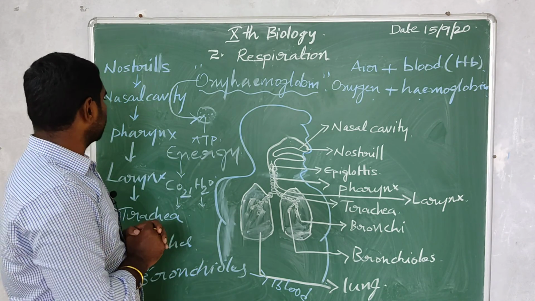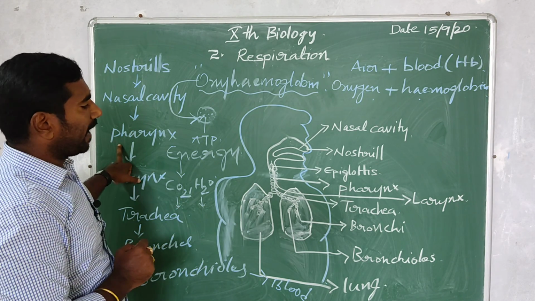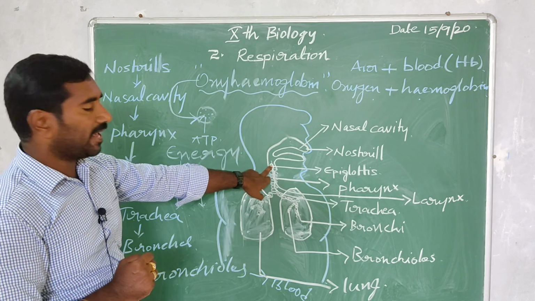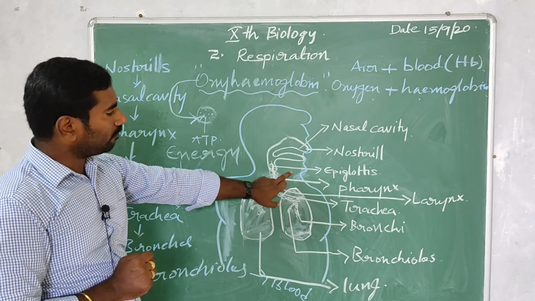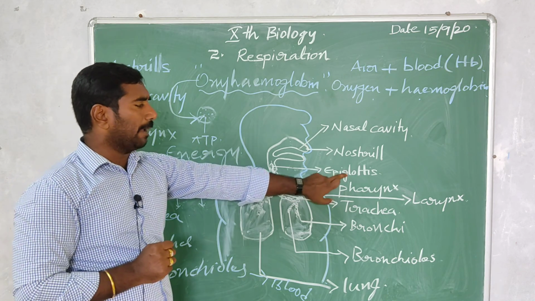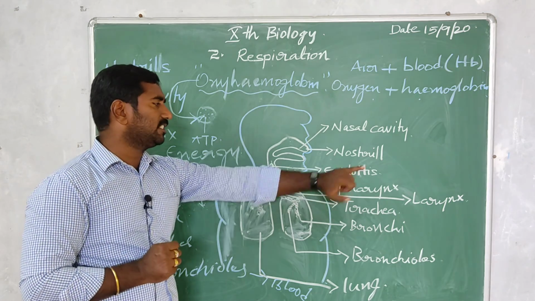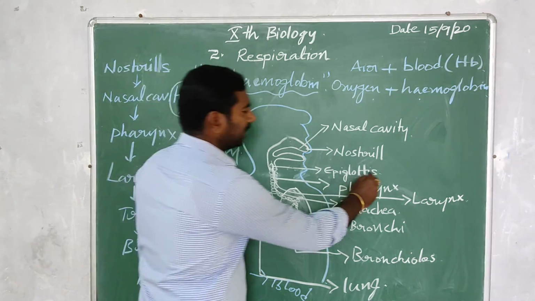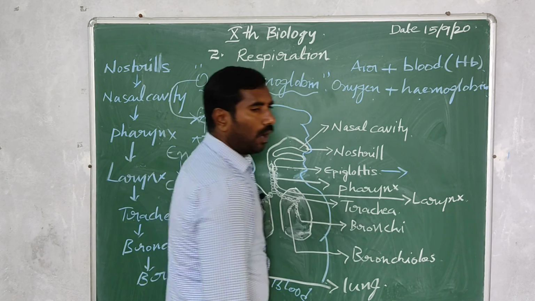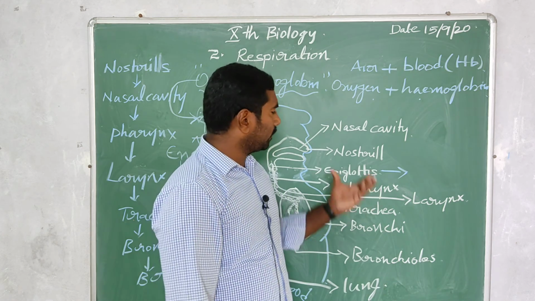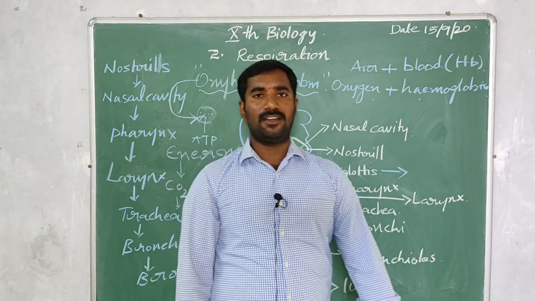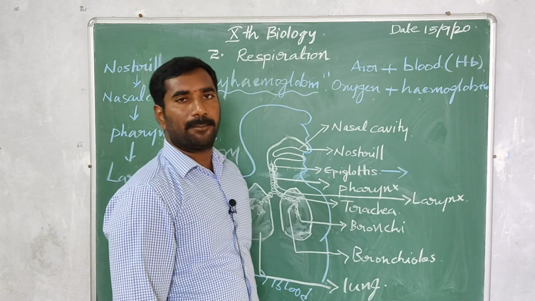Now the third step: air enters the pharynx. This is the pharynx. Here we have to know the epiglottis. The epiglottis plays a vital role in the air pathway.